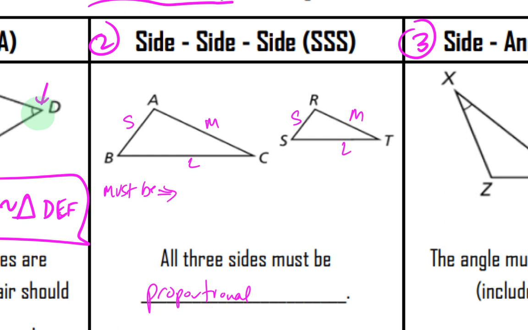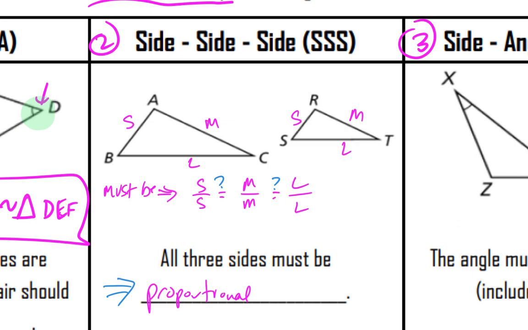For them to be proportional, the small over the small is going to be equal to the same proportion as the medium over medium, and the same proportion as the large over large. So that's what we're going to ask ourselves. Are they? All 3 sides must be proportional. That's the second one, and that's if we're given the sides.